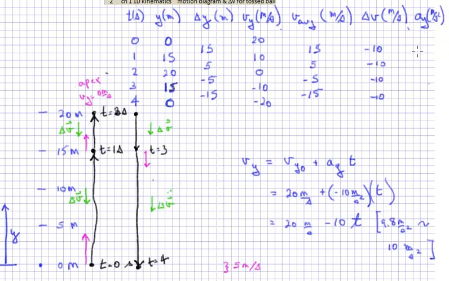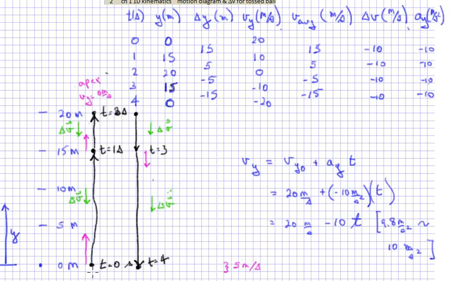Through this whole process, I've had a minus 10 delta V downward, which corresponds to the fact that I have minus 10 meters per second every second. It's constant. That's the acceleration I'm assuming here. And that's how you generate an accurate motion diagram.